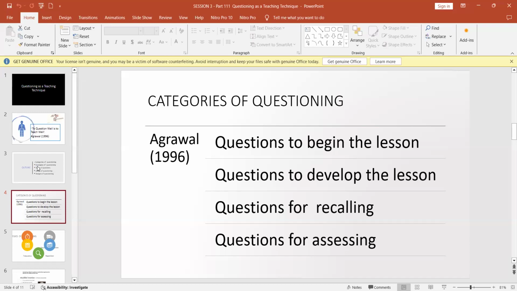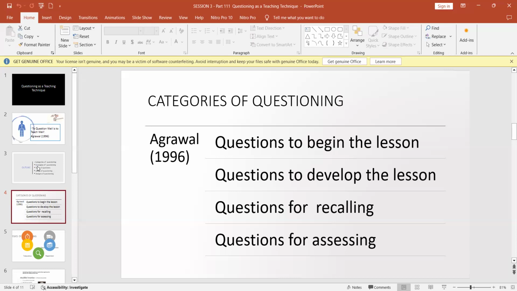And in some other words, you can say recall prior knowledge, revise the previous lessons, that is, previous lessons which are connected to today's lesson. So to recall prior knowledge, to arouse curiosity, to present the topic, to introduce the topic, to arouse their curiosity, to recall what they already know through brainstorming, and then recalling prior knowledge.